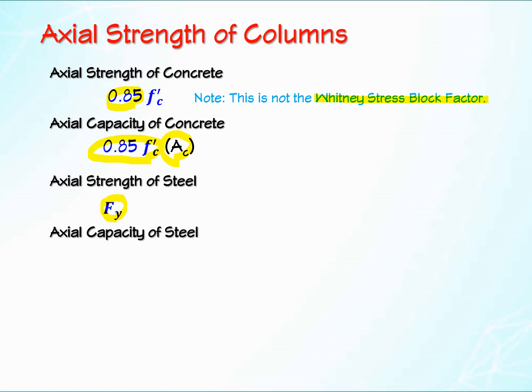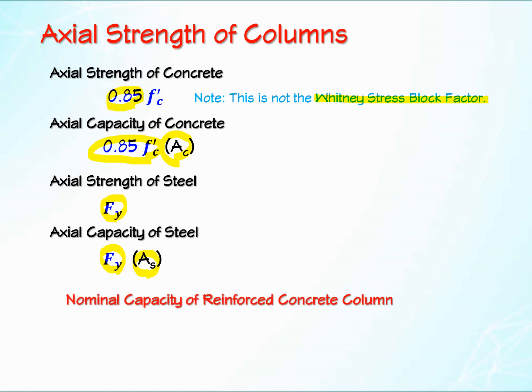So that axial force of steel or axial capacity of steel will be steel strength or stress times steel area. So in that regard, nominal capacity of reinforced concrete column will be 0.85 f'c concrete strength times concrete area plus steel strength times steel area.